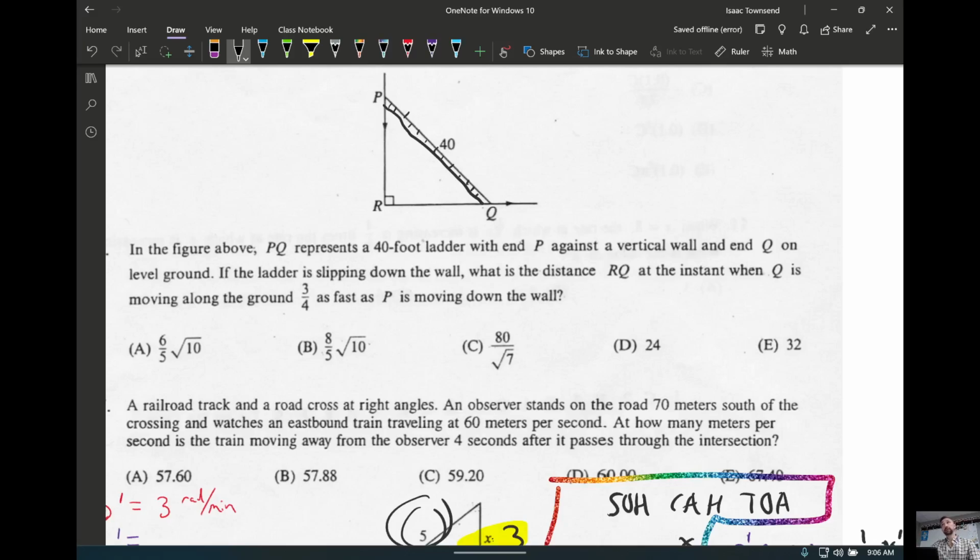But one thing I hate about this question is I hate the PQ and R. My brain, maybe it's just me, but I'm just going to refer to them as A, B, and C. So when they're talking about P, I know it's A. When they're talking about Q, I know it's B. R would be C. And like RQ would be A also, but that gives me something to start off with.